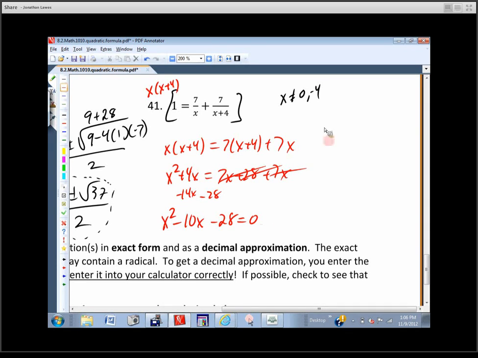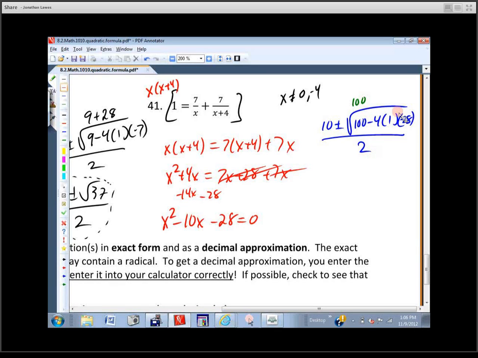Of course it doesn't. Okay, so we get 10, because we take the opposite of b. Everybody doing okay there? 10 squared, that's not too bad. That's going to be 100. 4 times a times c. Again, careful with this. That's a 1, and that is a negative 28. All over 2 times a, so that's all over 2. We're careful here.